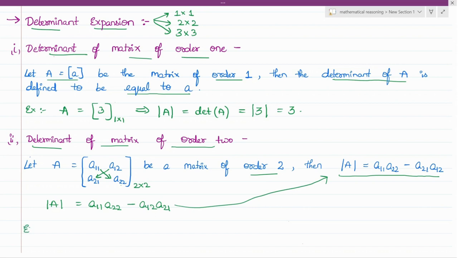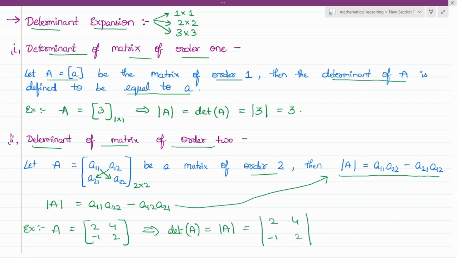Now let's see an example. Let a matrix A be [2, 4; minus 1, 2]. Then how to find its determinant? So det of A is represented like this, that is 2, 4, minus 1 and 2.